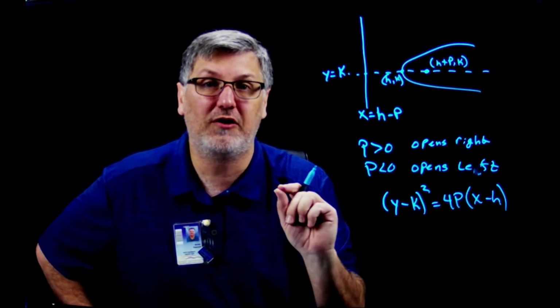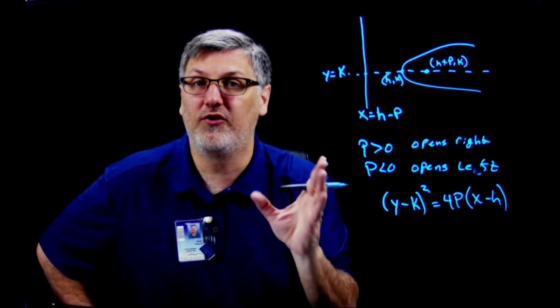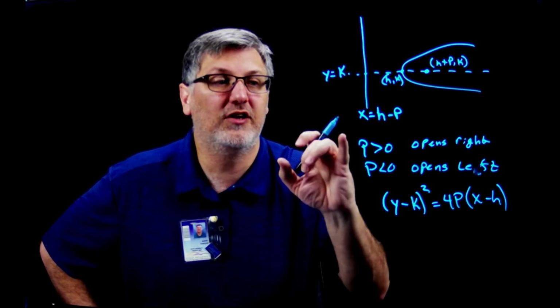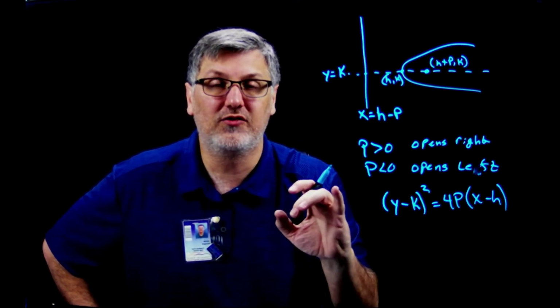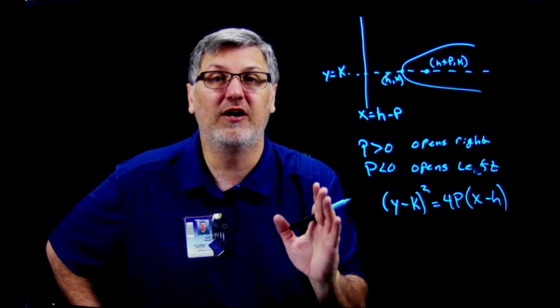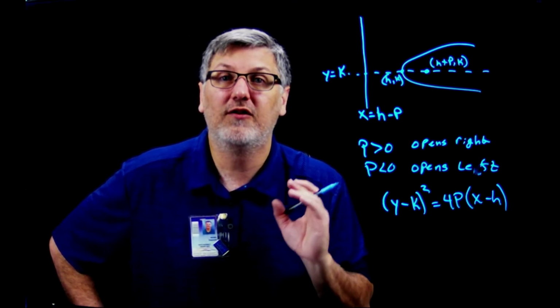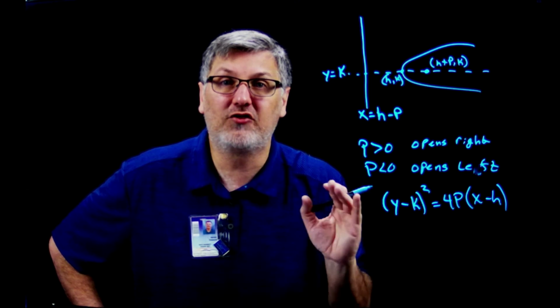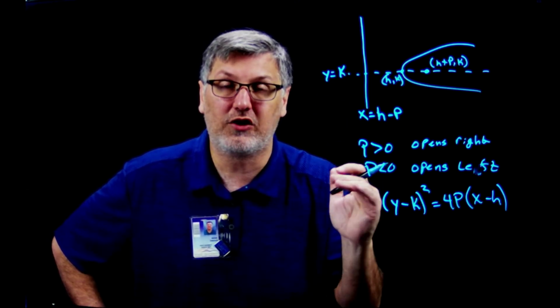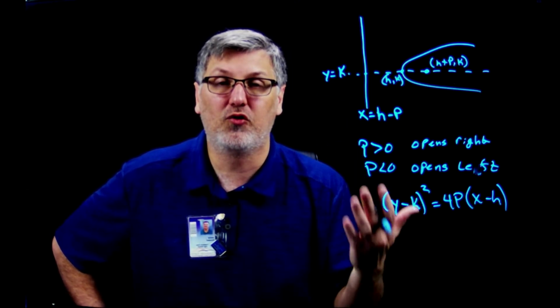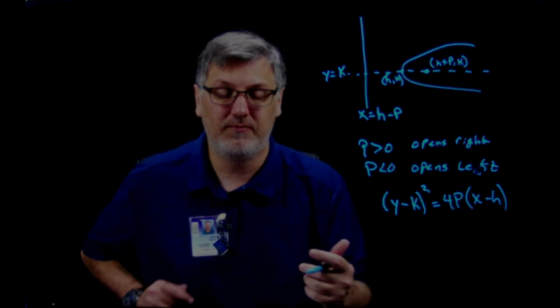That is the subtle difference. So you have to pay attention to where the square is, and you have to pay attention, is my p greater than 0 or less than 0? So the first step is to identify what's being squared. If y is being squared, it opens left or right. Then look at your p value. If your x is being squared, it's opening up or down. Then look at your p value so you get the graph oriented correctly.